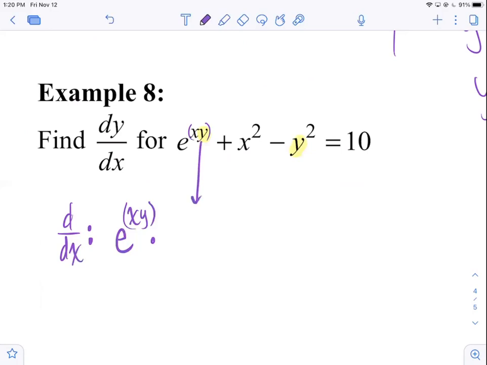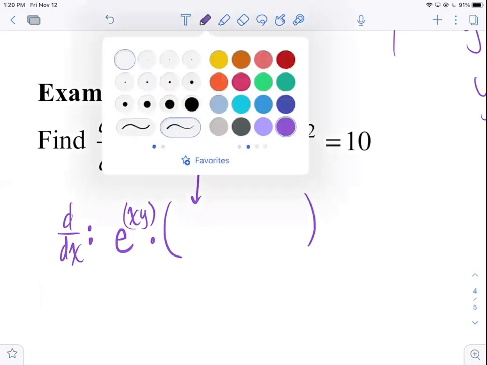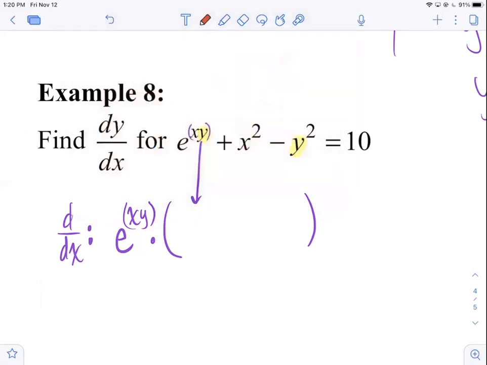The derivative of x times y is the product rule. We better have parentheses there, yes? Because we're fixing to generate 2 terms. All right, so I'll use a different color here, orange. The derivative of x with respect to x is 1 times y goes along for the ride, plus x goes along for the ride times the derivative of y with respect to x, which is just dy dx.